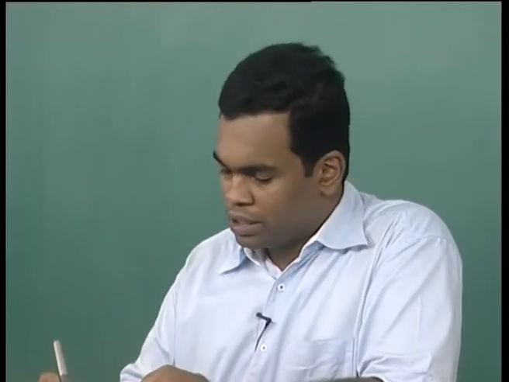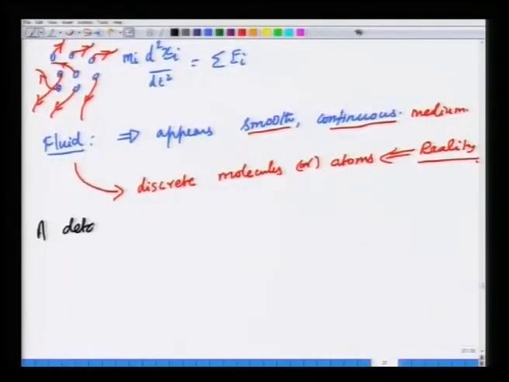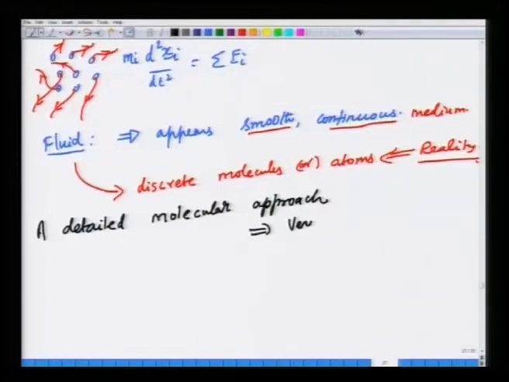So, a detailed molecular approach of understanding fluid flow is very, very difficult. That would amount to solving, for example, this equation, which is essentially Newton's laws for a whole bunch of molecules or particles.